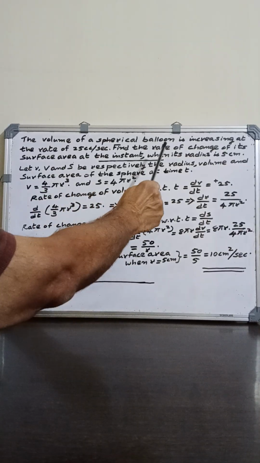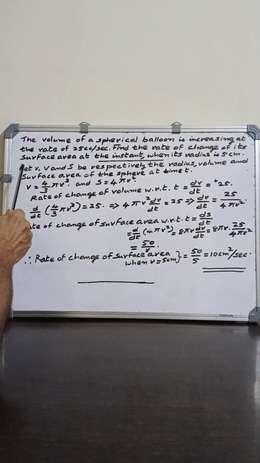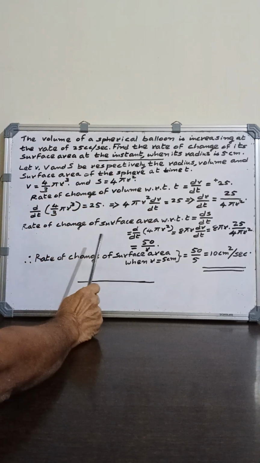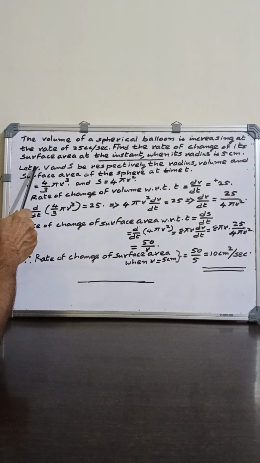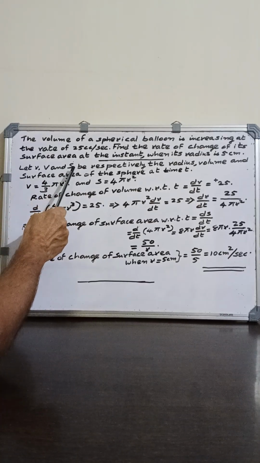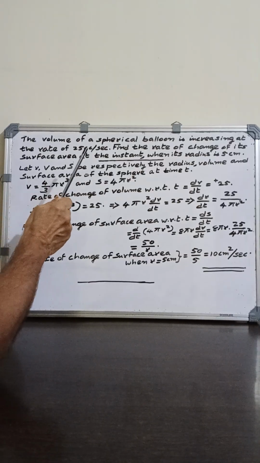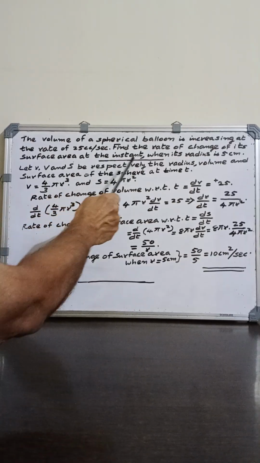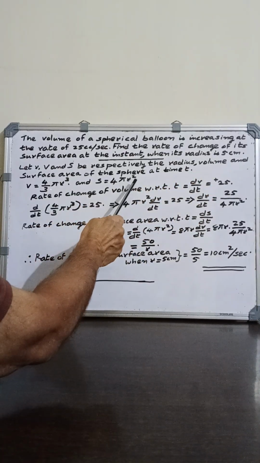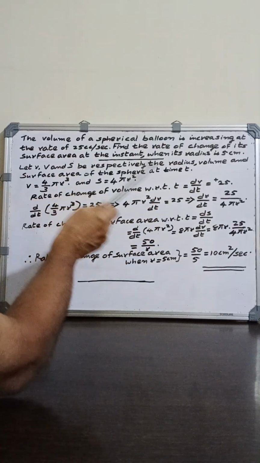Here we have to consider three variables, that is radius, volume and surface area. Let r, V and S be the radius, volume and surface area of the spherical balloon at time t. t is the parameter for all three.